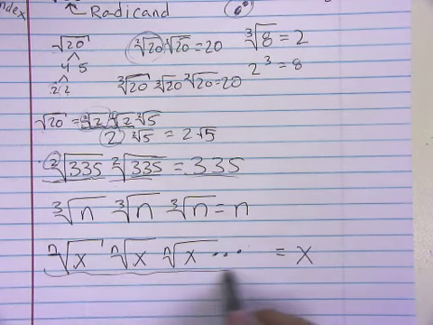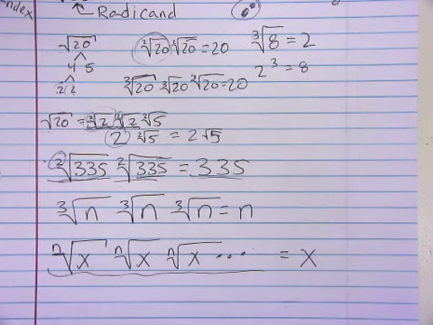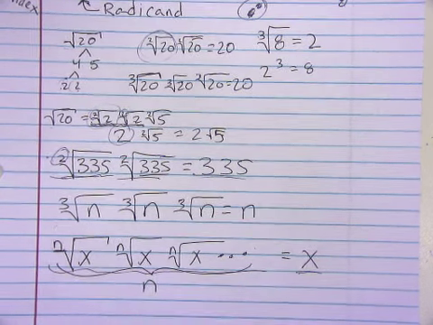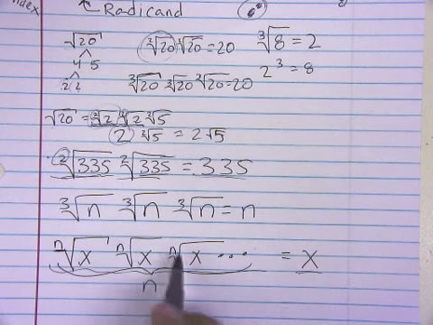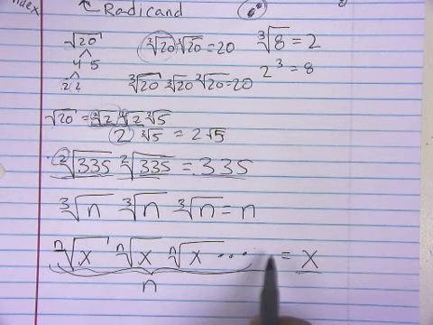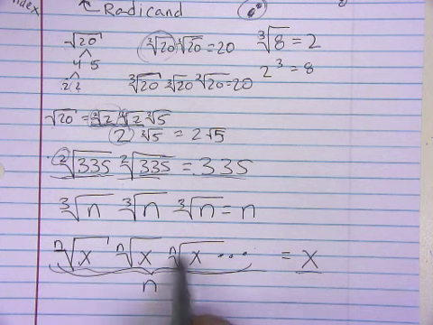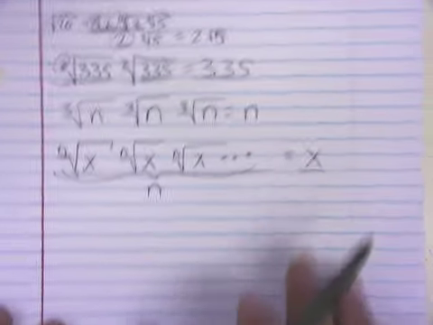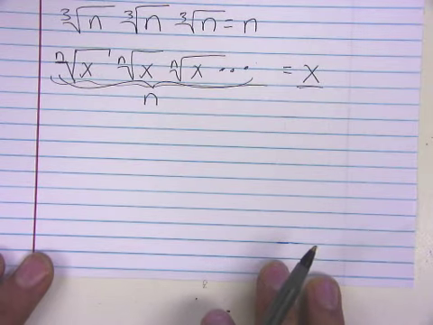How many of these nth root of x's would I have had to have multiplied together to get exactly x? Well, the answer is I would have had to have had exactly n of them, right? 1, 2, 3, 4, 5, 6, 7, 8, 9, blah, blah, blah, n is how many of these I'd have to multiply together to get x. It's kind of a weird thing to hear someone talk about. Here's maybe why it becomes useful.